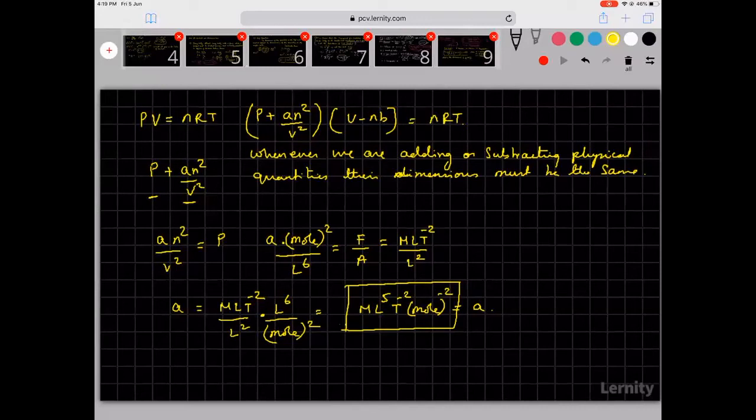So I found out that the dimensions of A n squared by V squared should be the dimensions of P. Then I substituted the values to find the dimension of A, and I get m L power 5 T power minus 2 mole power minus 2 as the dimension of A. Now, can you quickly find out the dimension of B?